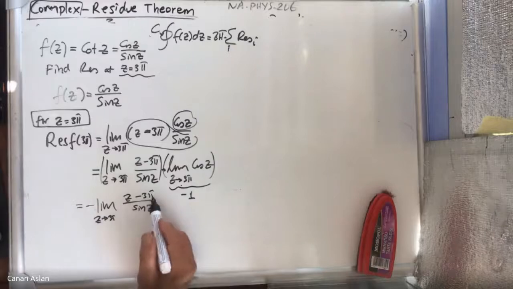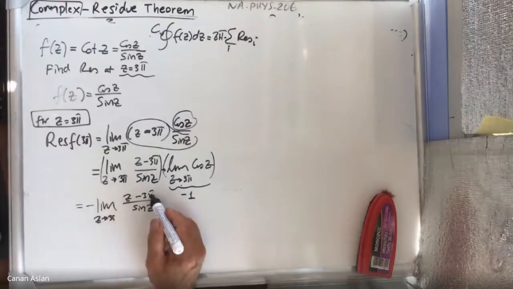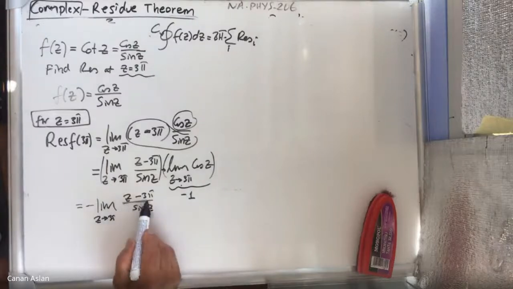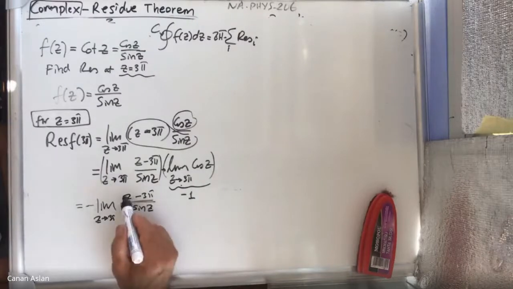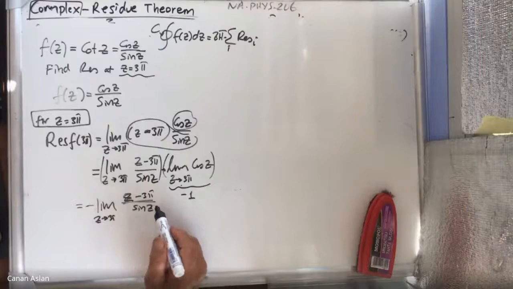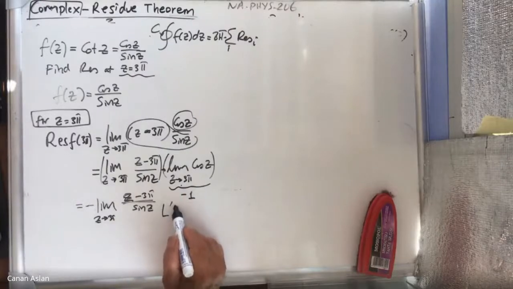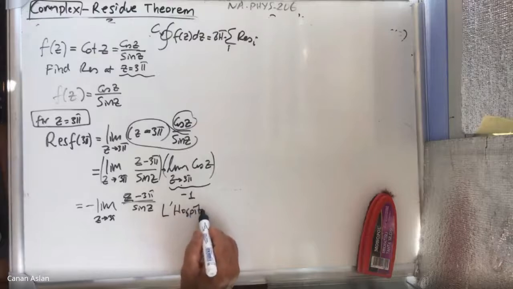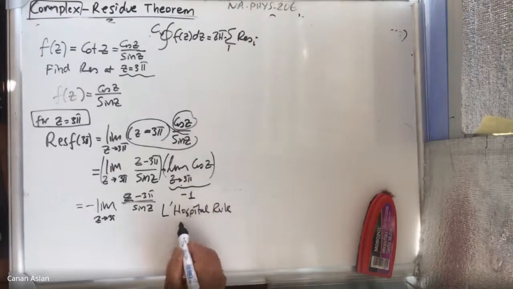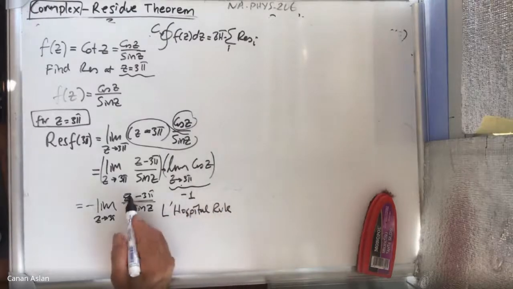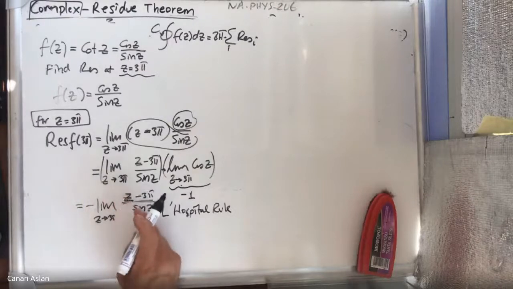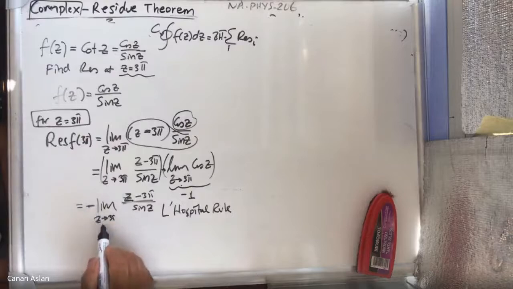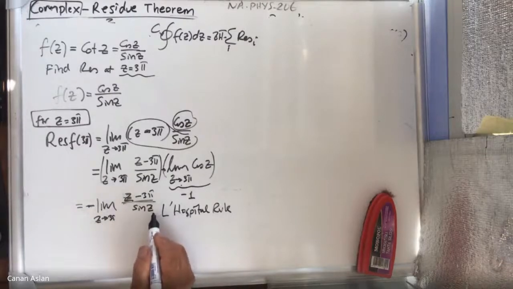Now, as you see, at z equals 3 pi, this is 0 over 0. This is an undefined form. In this case, we can use L'Hopital's rule. According to L'Hopital's rule, we can take the derivative of the top and the bottom separately, independently, and use this limit until we get a non-zero thing.